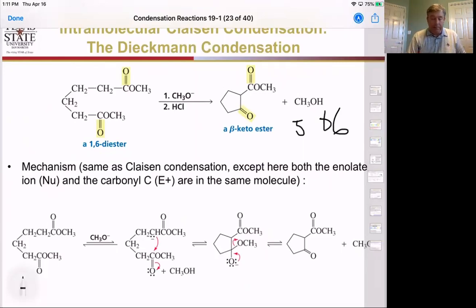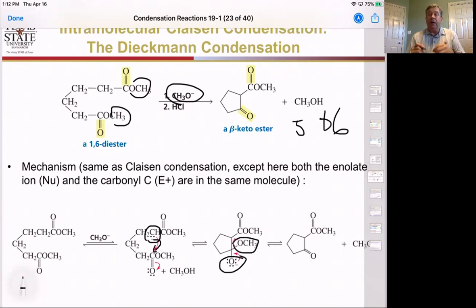So let's look at that mechanism here. In this case, we have the methyl ester, so we're going to use the methyl alkoxide. We form the enolate, and then that enolate can form this 5- or 6-member transition state where it forms the new carbon-carbon bond, giving us our methyl ester and our alkoxide.